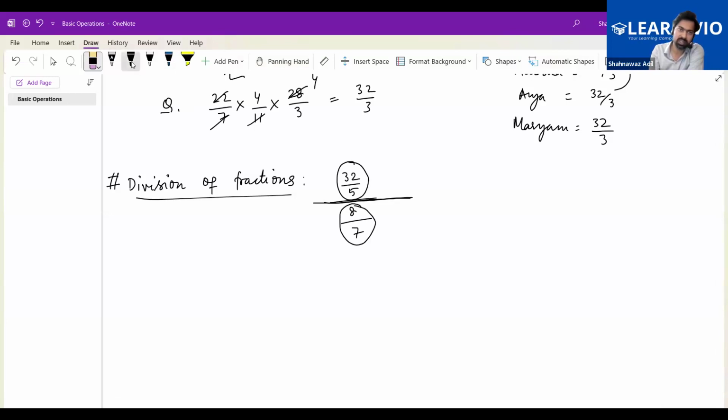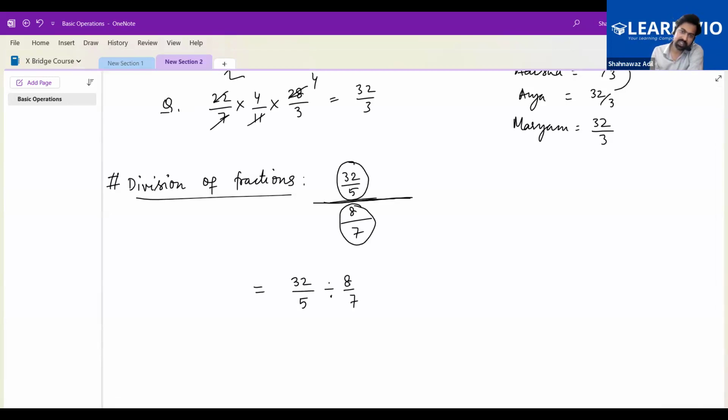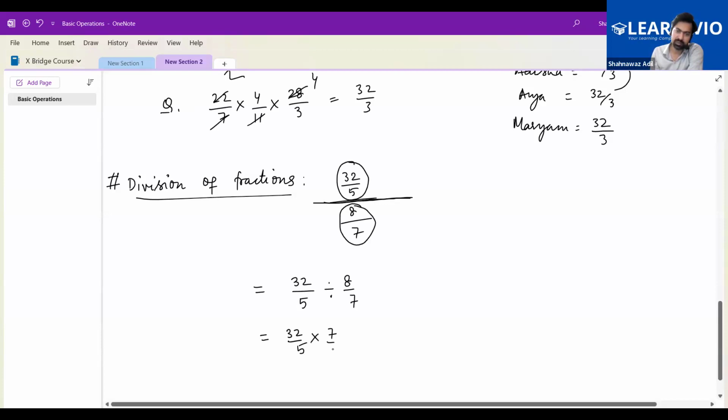But as of now, Mariam was telling me to take the reciprocal. So this is 32 divided by 8 by 7. We take the reciprocal of this and then we multiply. This is what you were saying, right, Mariam? Yes, sir.